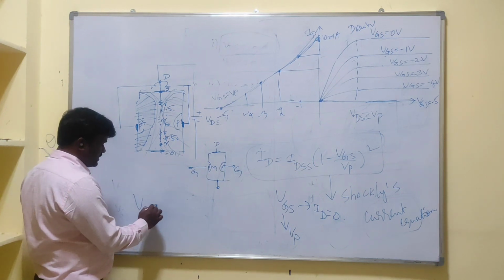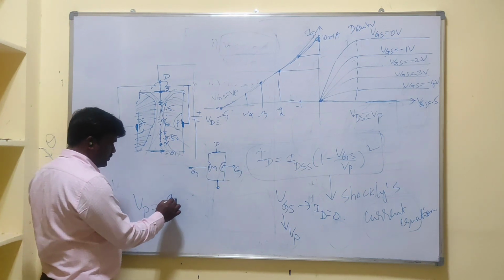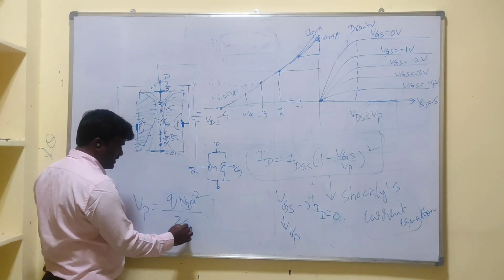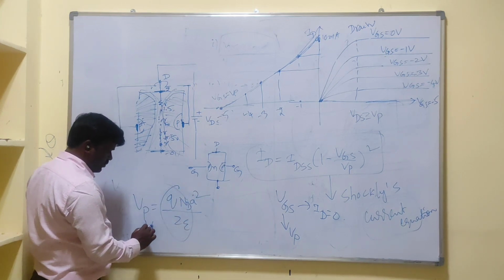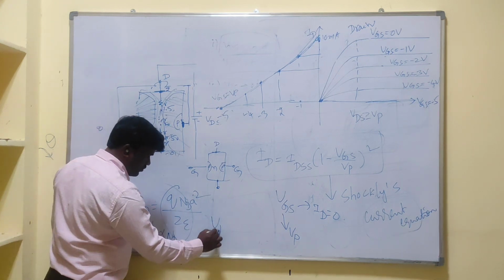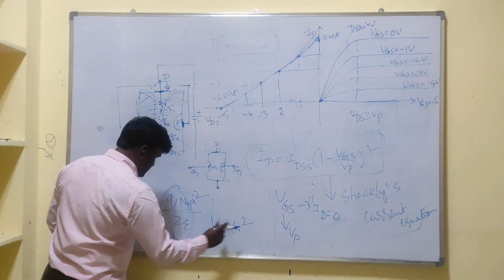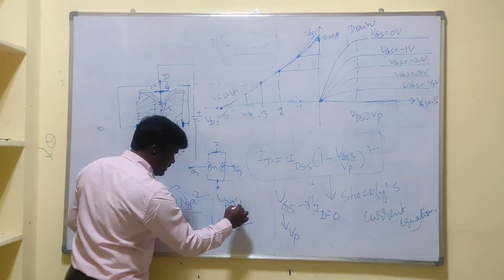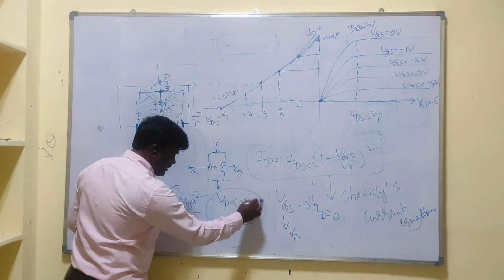That pinch off voltage is given as q ND A square by 2 epsilon. As these are constants, our pinch off voltage is directly proportional to ND, and also directly proportional to A square.